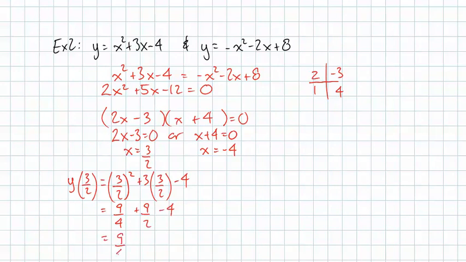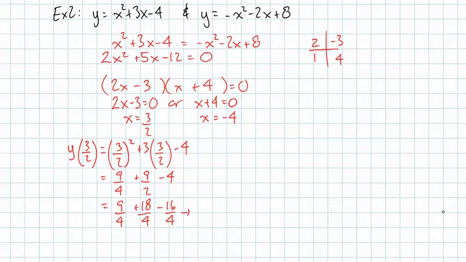My common denominator is 4, so let's rewrite these all with a common denominator of 4, and get 9 plus 18 minus 16, and that's going to be 11 over 4. So one solution point is (3/2, 11/4).